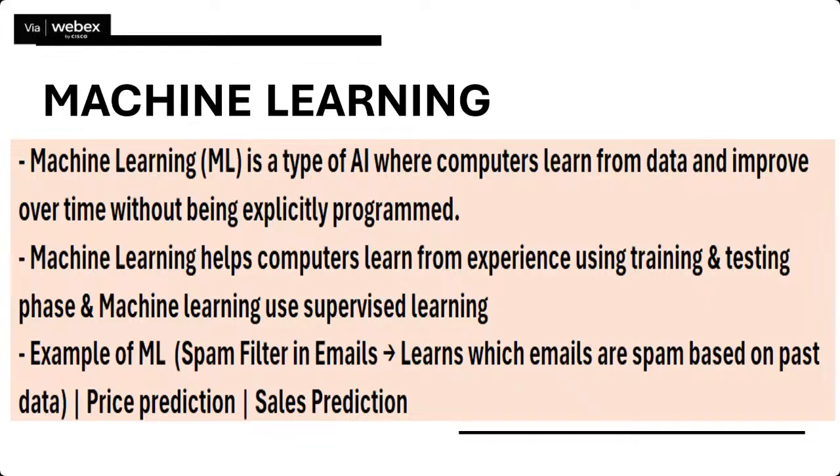Machine learning: computers learn from historical data. In machine learning we use training and testing phases. Do you remember in school days, when we wrote the 10th class board exam, we trained the brain?